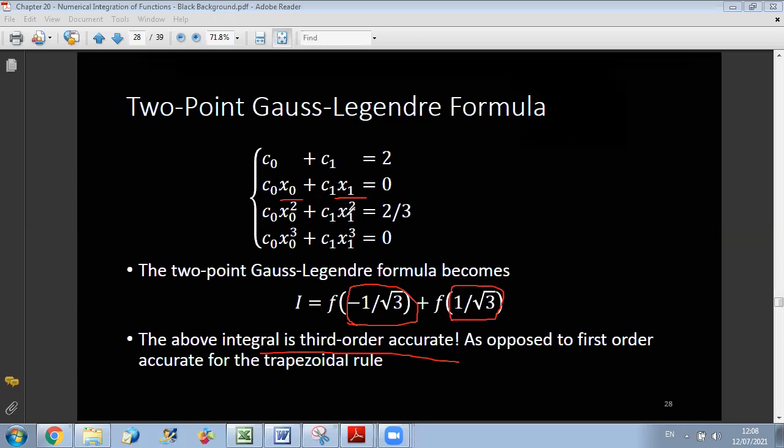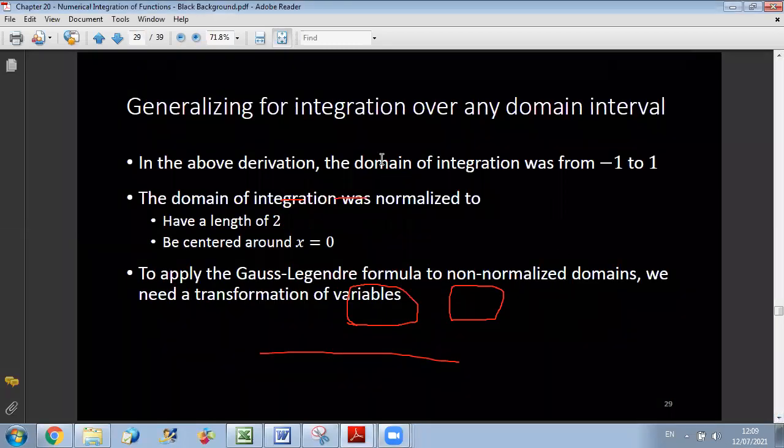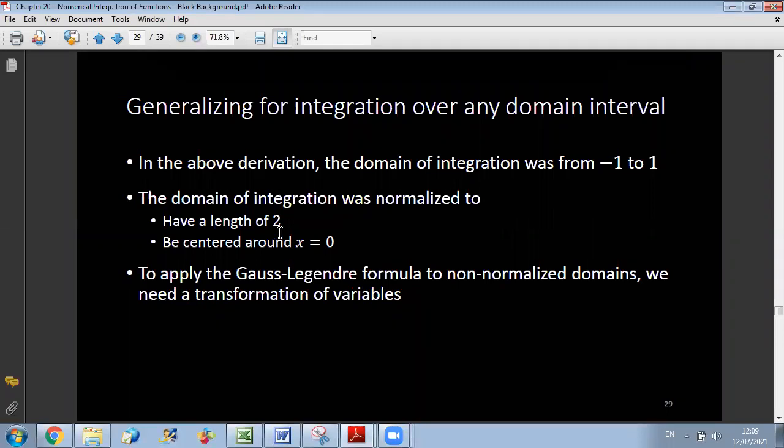Now, in order to generalize this method, to be able to use it whatever your interval is, we will see what to do. The above derivation was based on a domain of integration between minus 1 and 1. This domain has a length of 2 and is centered around x equals 0.